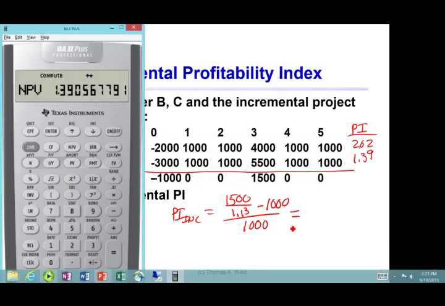Well, this is a pretty simple calculation. It is 1,500 divided by, in parentheses, 1.13 times, minus 1,000, divided by 1,000. 0.1269.